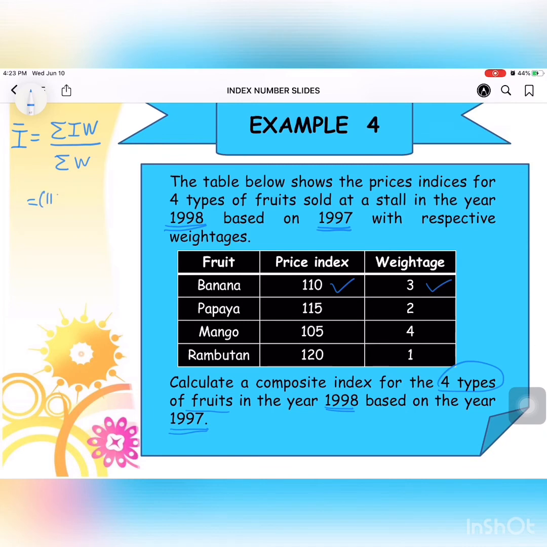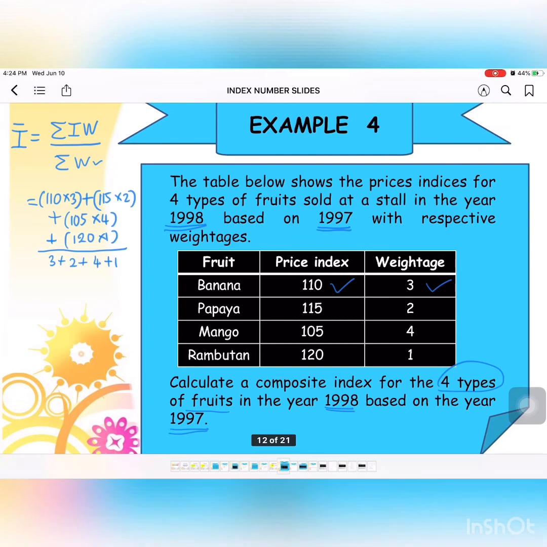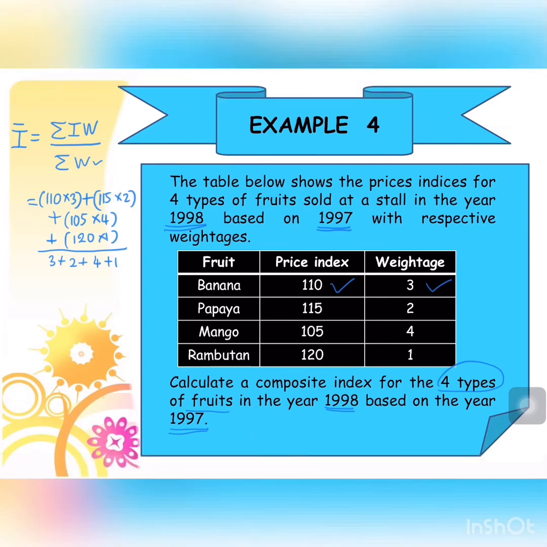What you need to do is just multiply these and then add with the other fruits. 115 times 2 plus 105 times 4 plus 120 times 1, over the total of weightage, the sum of weightage. So 3 plus 2 plus 4 plus 1. So that's how you do it.